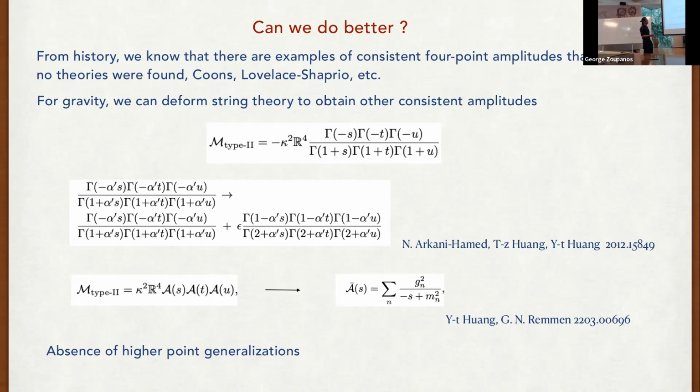And in fact, even more modernly, we already know how to deform the type 2 string amplitude in a controlled way. All you need to do is take your favorite type 2 string amplitude, deform it by this deformation parameter, multiply by this term, again multiplied by R4. And you can show that this amplitude is unitary in any partial wave expansion as long as epsilon is between 0 and 1. So there are various different deformations which can deform known theories at the 4-point level and satisfy all the criteria.